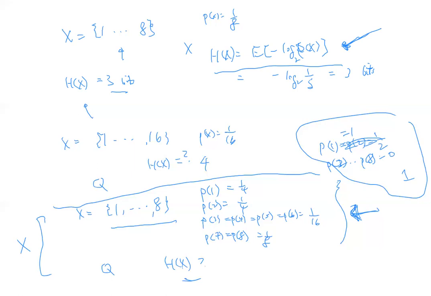But if you look at this expression here, this is basically a weighted sum of log px for each of the outcomes x here. And I can argue that this is the instantaneous information for that outcome x.